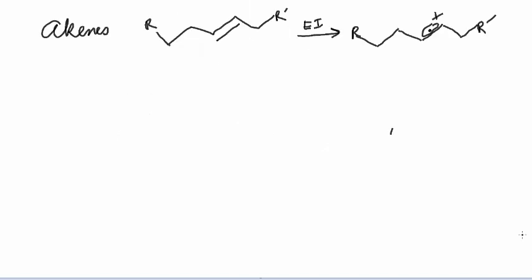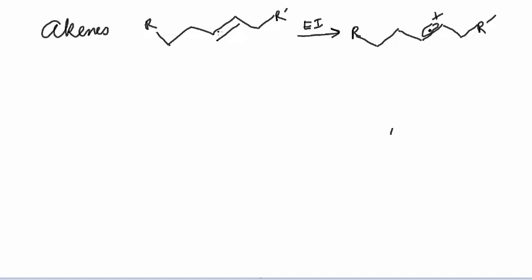All right, next I want to look at alkenes. Alkenes tend to show a strong molecular ion peak. Upon electron impact, the electron removed from an alkene is one of the pi electrons in the initially formed radical cation.